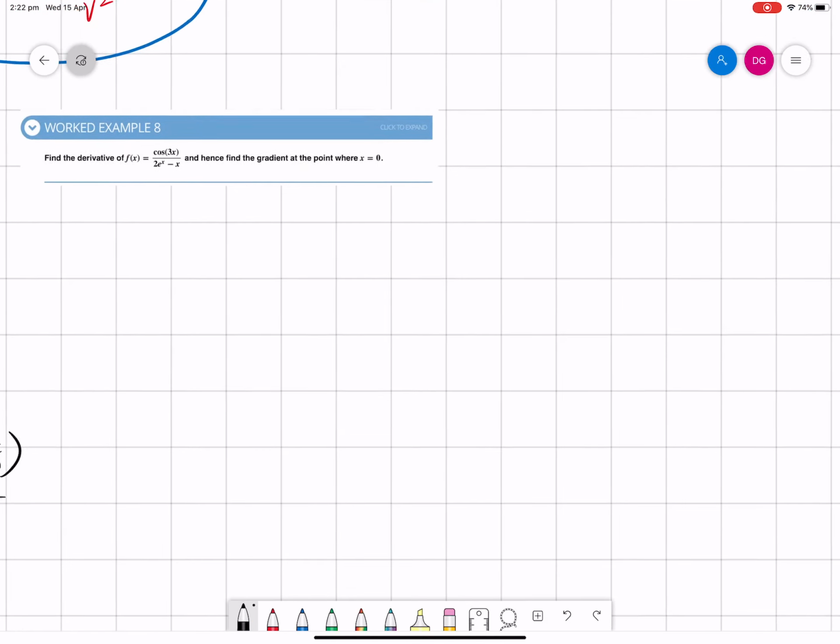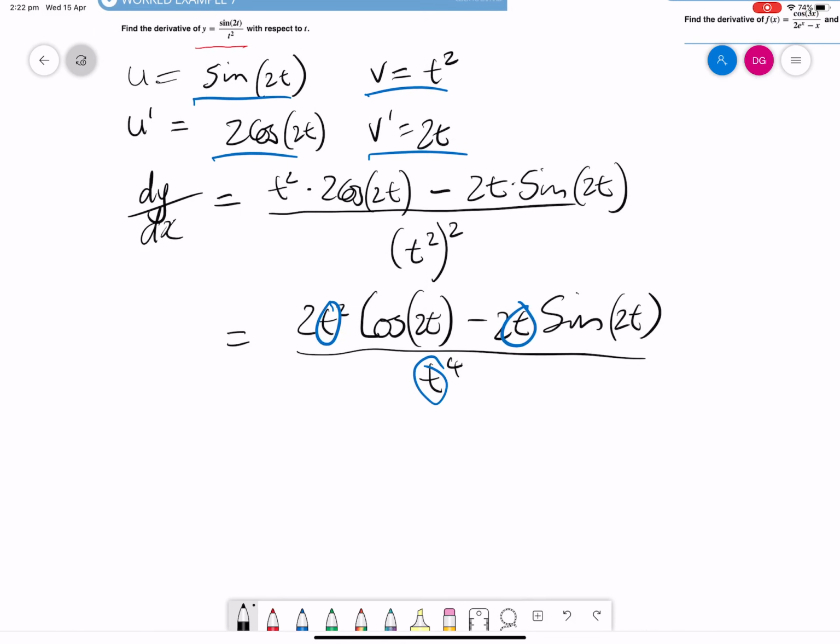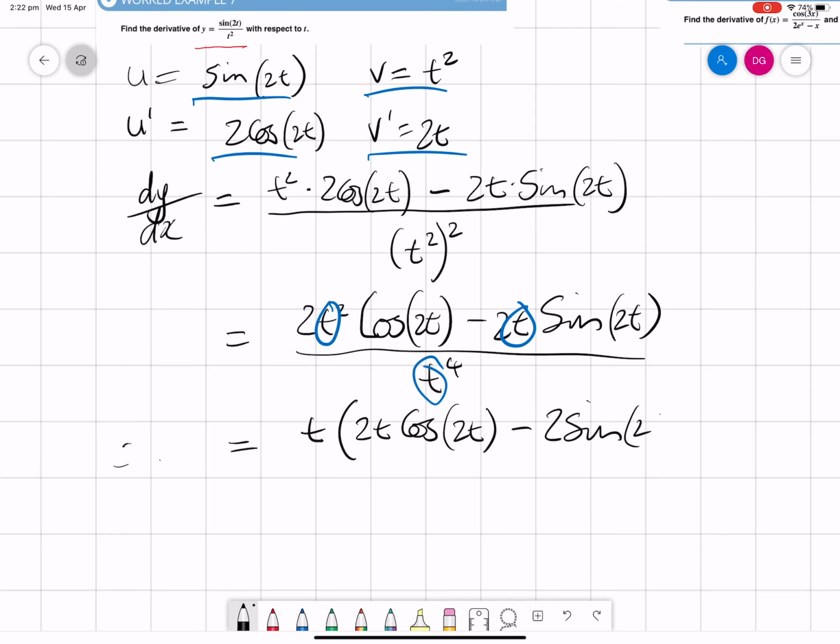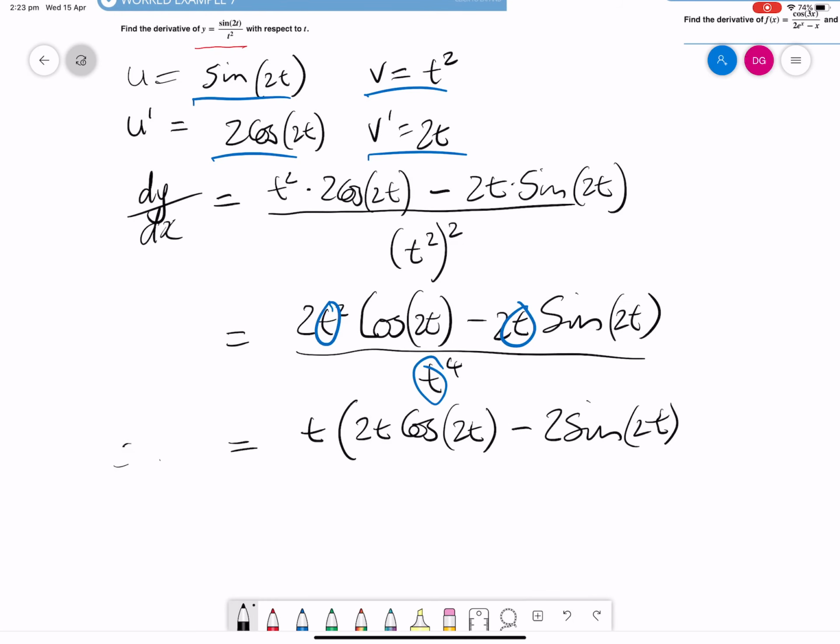So, therefore, dy dx equals t times 2t cos 2t minus 2 sine 2t, divided by still t to the power of 4.